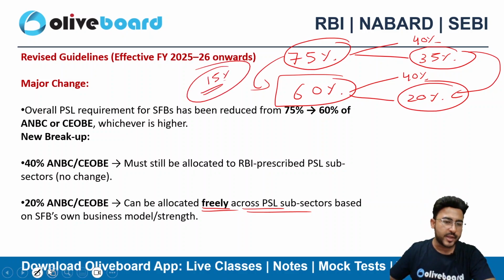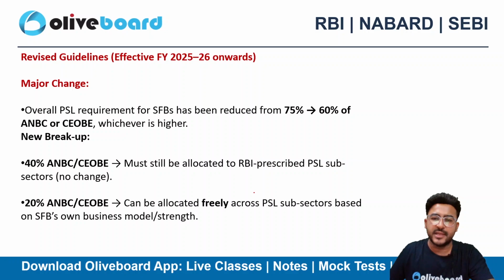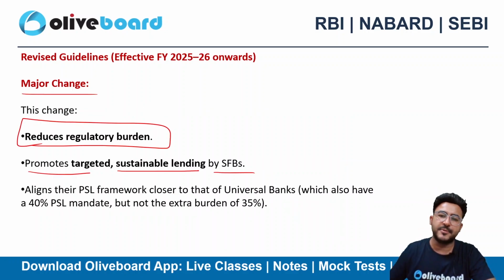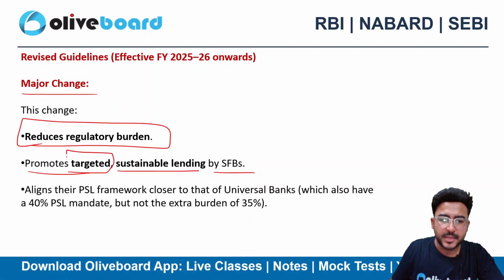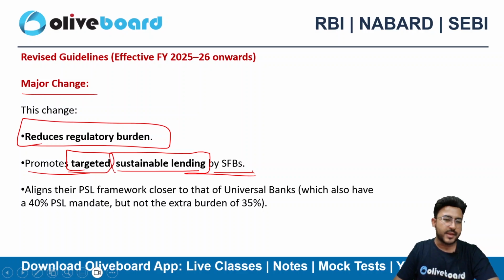They don't have to allocate 75% now, they just need to allocate 60%. The rest of the 15%, which is now free, can be allocated to targeted or sustainable lending as per the SFBs' choice. So this aligns the PSL framework closer to that of the universal banks.